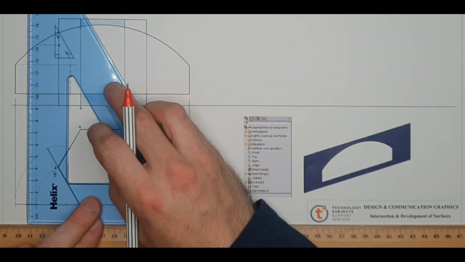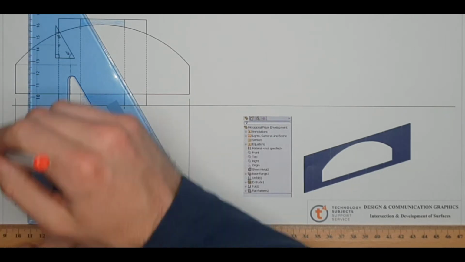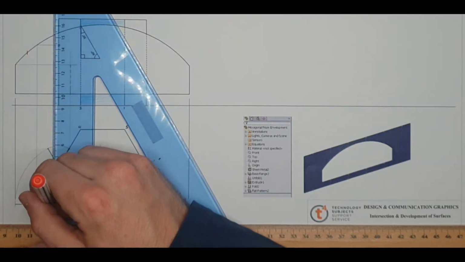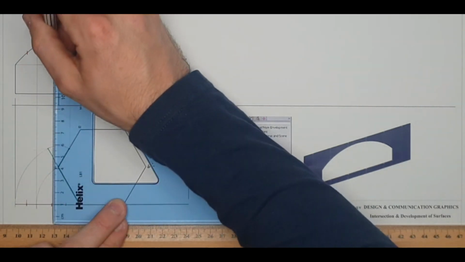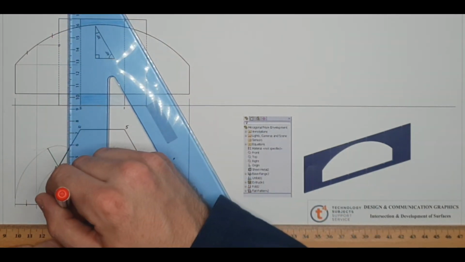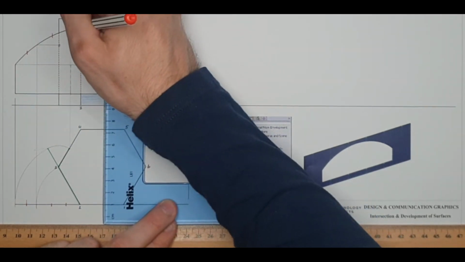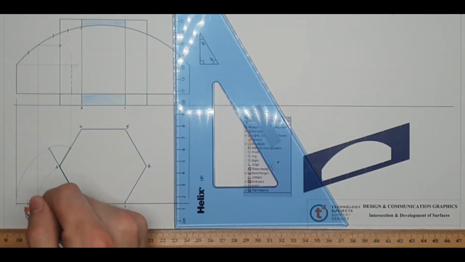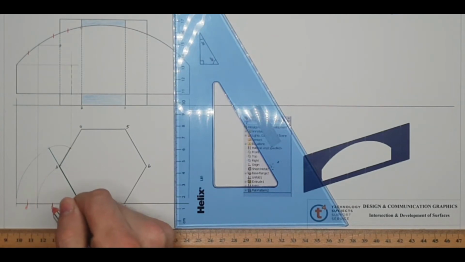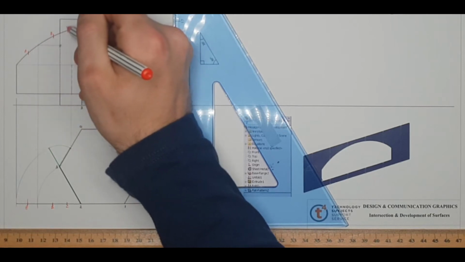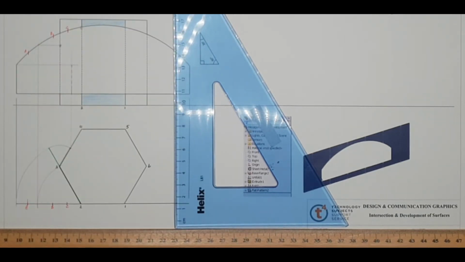I've just found some points that are on the original label up top, and on the original label up top here, and here. And I would now like to find points A, B and C. I'd like to find them in the wrapped position.